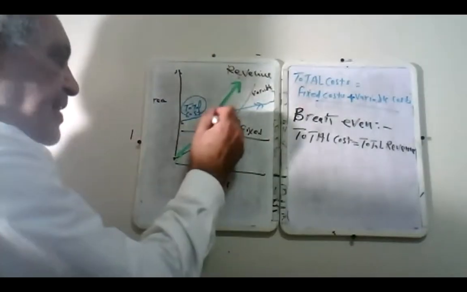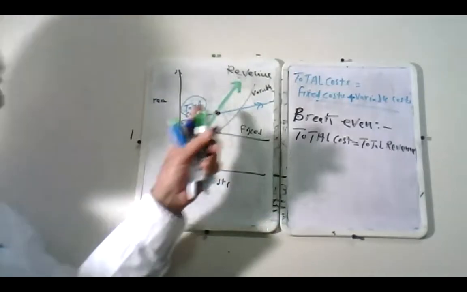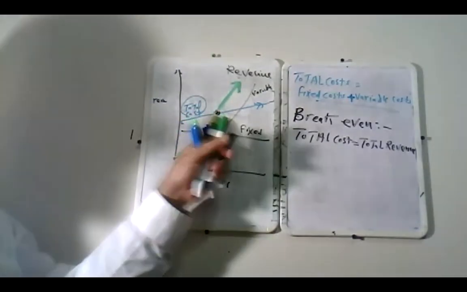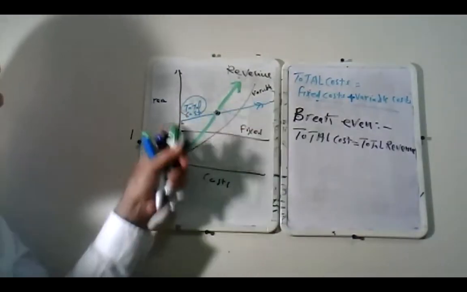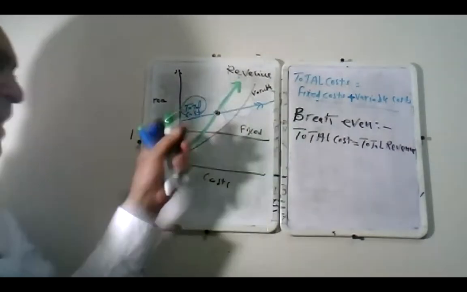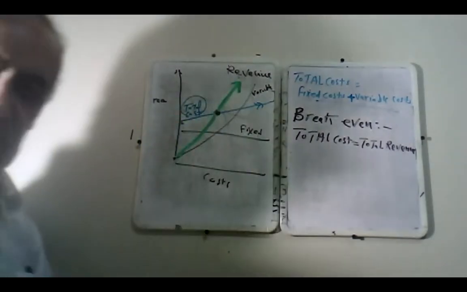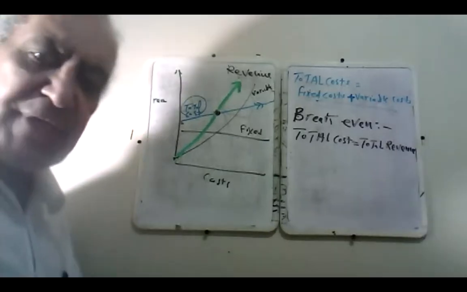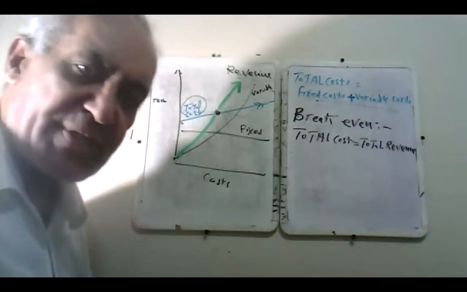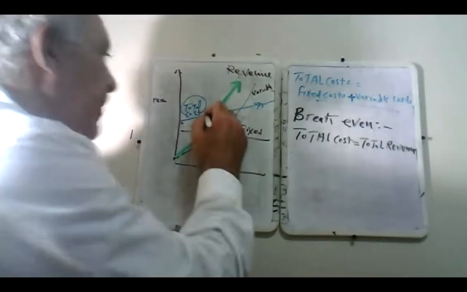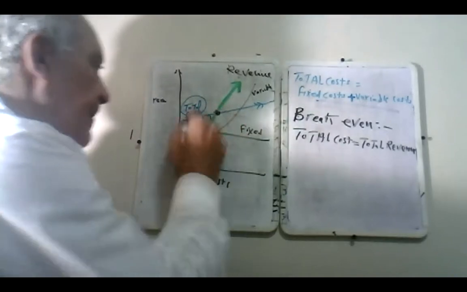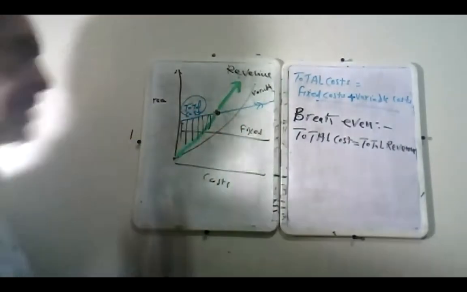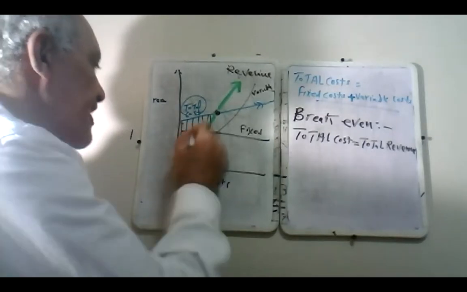Here in the drawing, this is the point where both of them intersect, the intersection of the total revenues in green and the total costs in blue. At this point, no gains, no losses. Before this point, this area is an area of losses.